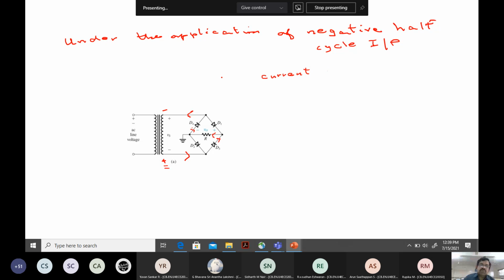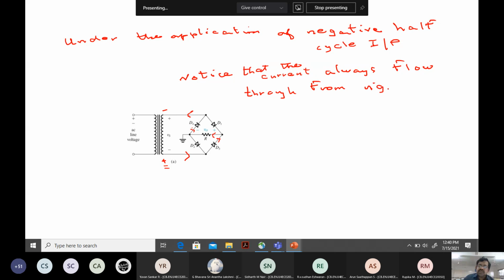Notice a very important fact here. Why the rectification process? Because notice that the current always flows through R from right to left.